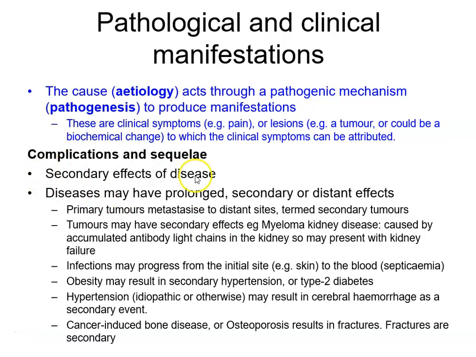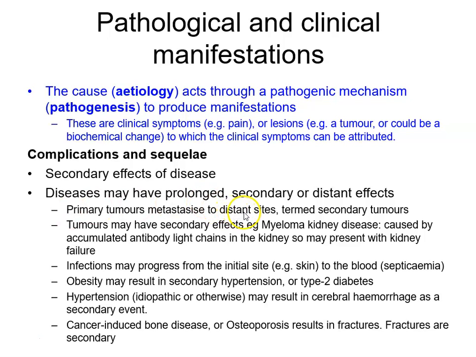Now what we can also have is initial disease, and then we can have complications of that same disease. So complications we call secondary effects of disease, or sequelae, and these secondary effects of disease are caused by the primary disease having another effect. So classic examples are primary tumours. Remember, primary tumours are the tumours at the site where they initially develop.